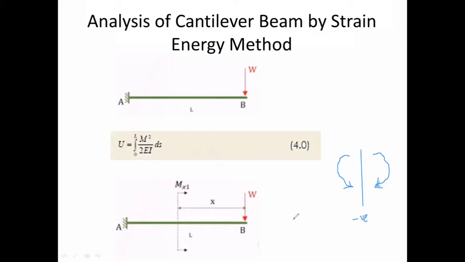I will repeat again. If I consider a section and the moment on the left hand side of the section is anti-clockwise or clockwise on the right hand side of the section, then such moments will be treated negative. And when moments are of opposite nature, they will be treated positive. How? Clockwise on left hand side like this, and anti-clockwise on right hand side, then moments will be treated positive.